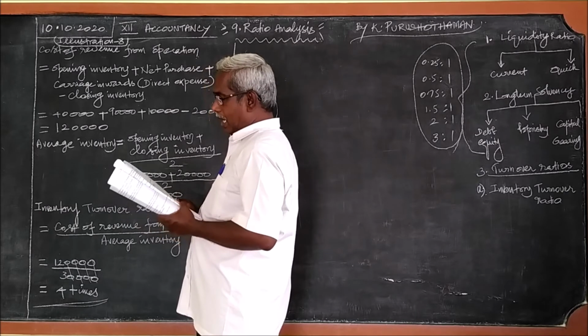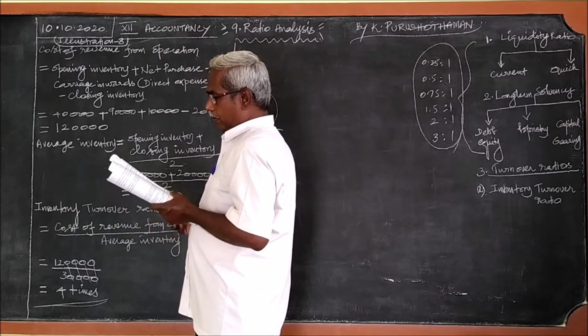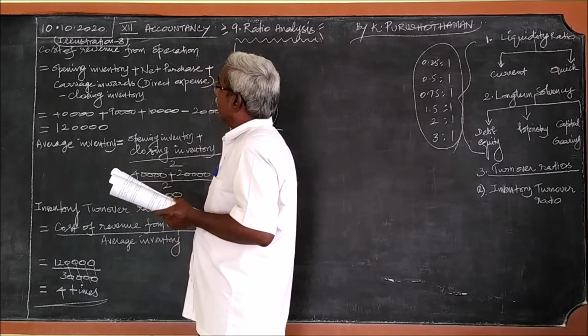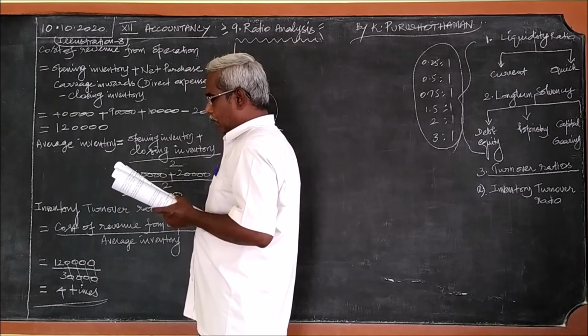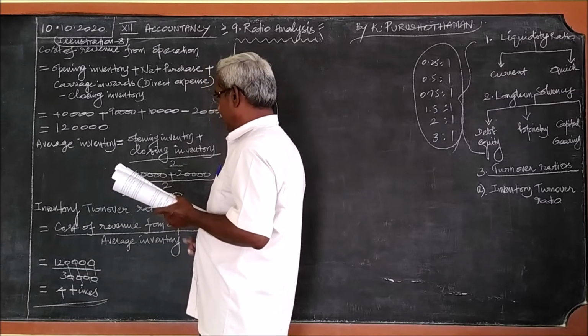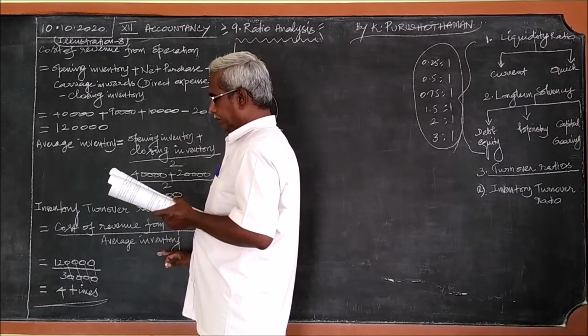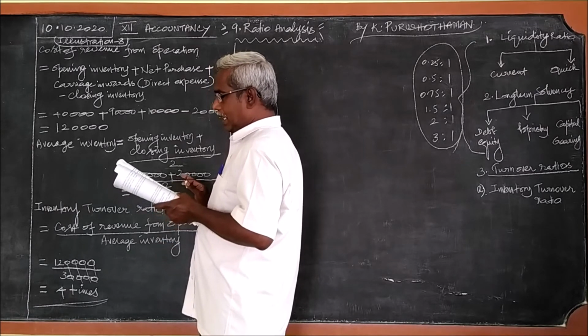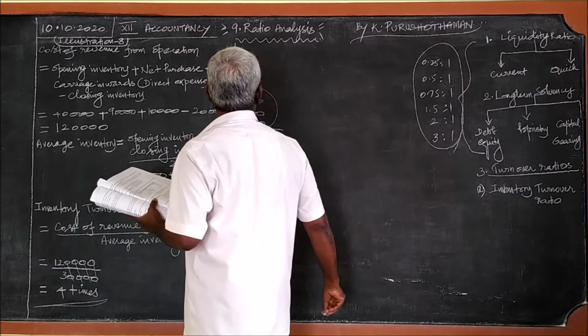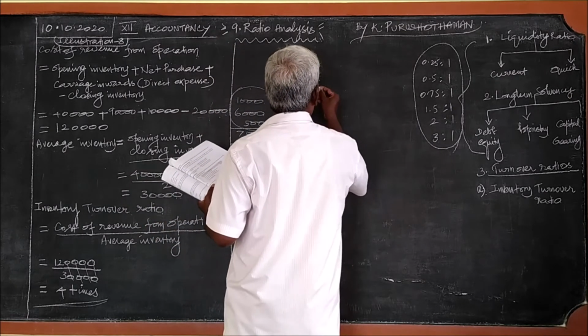What is actually asked? From the given information, calculate the inventory turnover ratio that we have calculated, that is 4 times, and inventory conversion period.